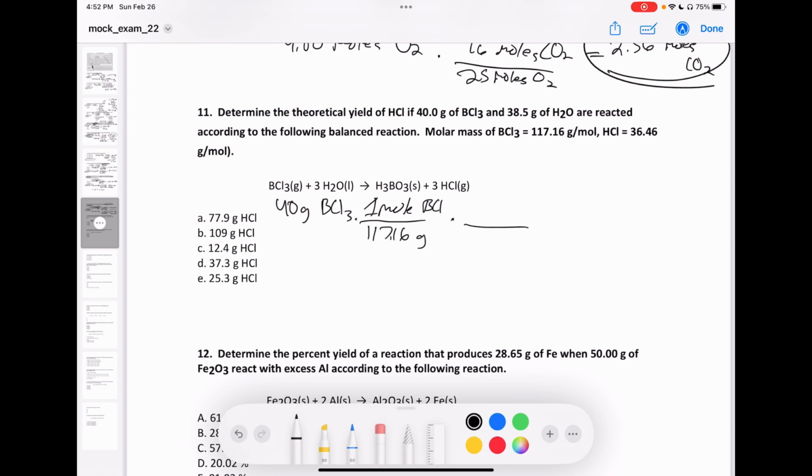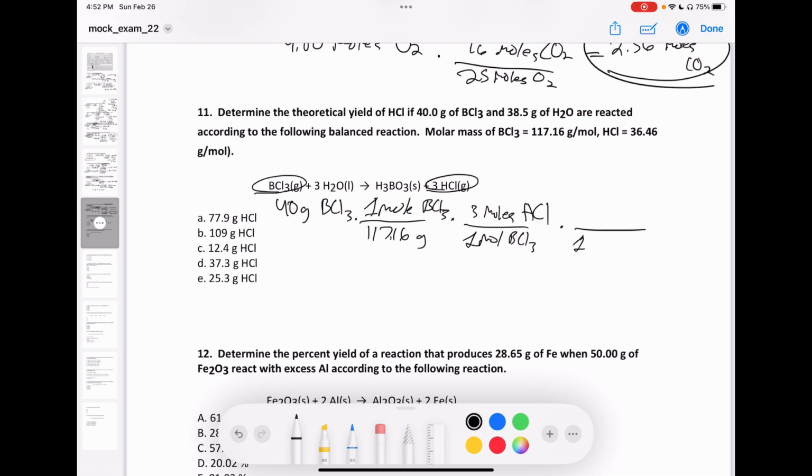And then using this internal mole ratio of 1 mole reacts for this, 3 moles are created. So we want to get rid of the BCl3. So 1 mole BCl3 for every 3 moles HCl.